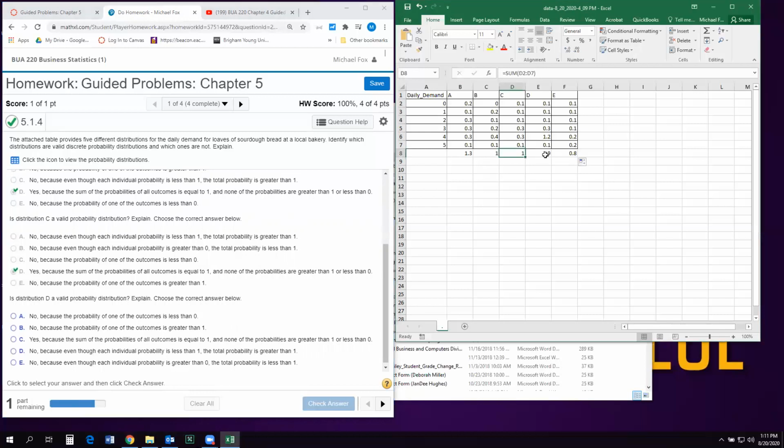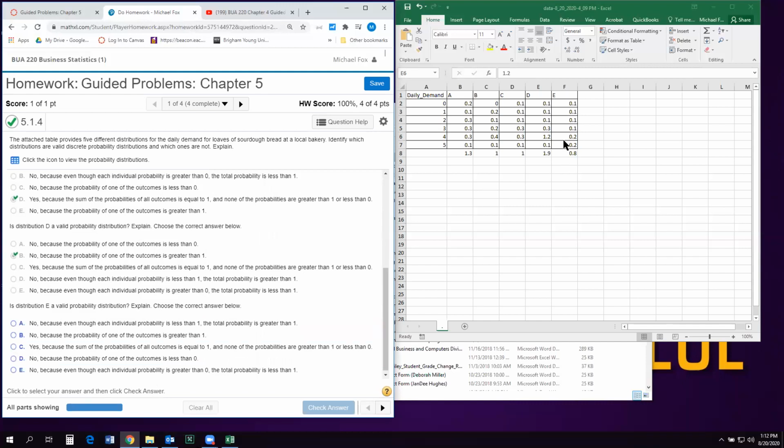D, we can see it adds up to 1.9, and one of them is 1.2. So we're going to say this is not valid because one of the outcomes is greater than 1.